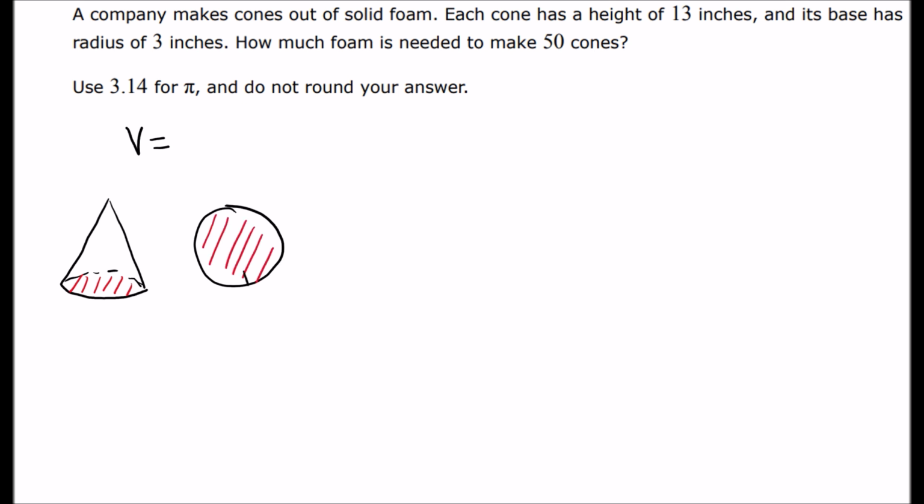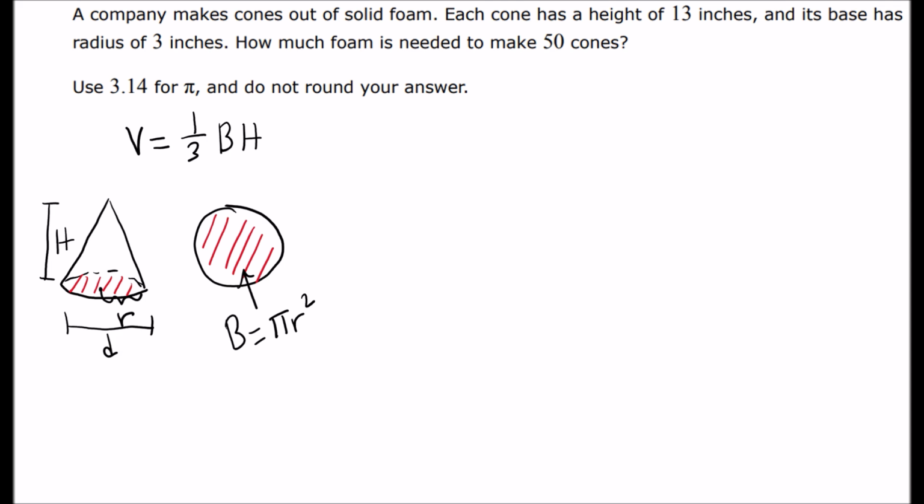The formula for the area of a circle is pi r squared according to the formula sheet, and the volume is 1/3 capital B capital H, where H is the height of the cone. And remember that the r is the radius, which is half of the distance, and the diameter is the entire distance, so the radius is half of the diameter.